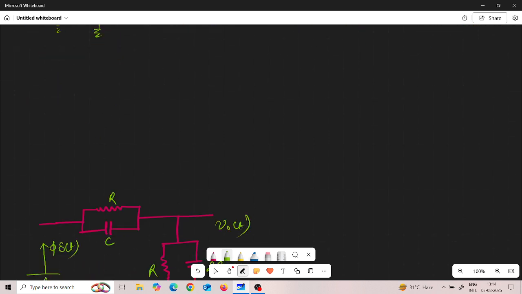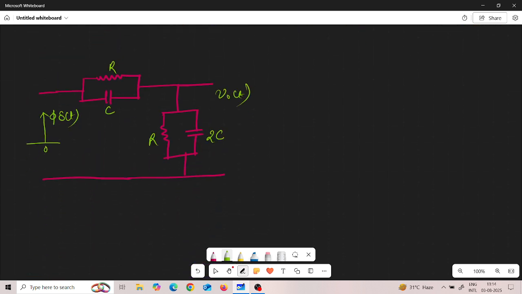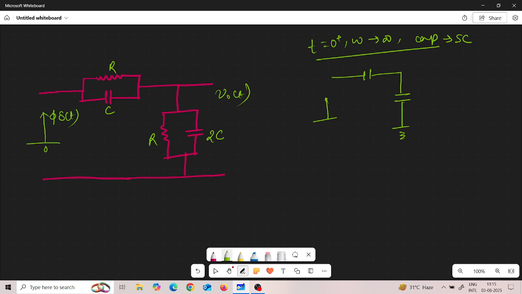Now let's discuss another circuit. Okay, in this circuit also you have to tell what the output will be. At t equal to 0 plus, omega tends to infinity and both capacitors act as a short circuit. So the equivalent circuit will look like this. This is the input Φδ(t), this is C, this is 2C.